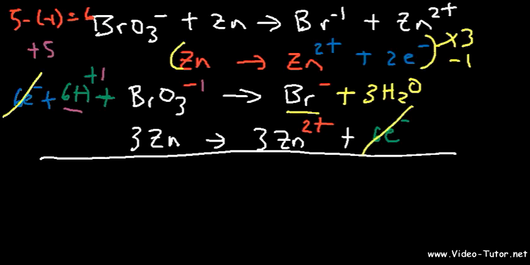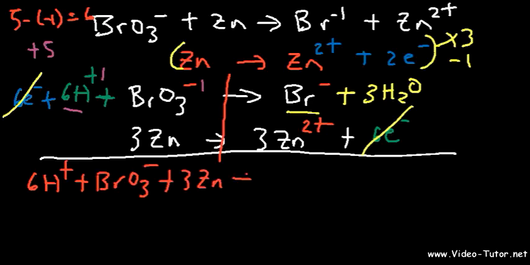The electrons will cancel, and everything on the left side simply falls down to the left side. So we have 6H plus, bromate, plus 3Zn yields 3Zn2 plus, Br minus, plus 3H2O. And now the reaction is balanced.